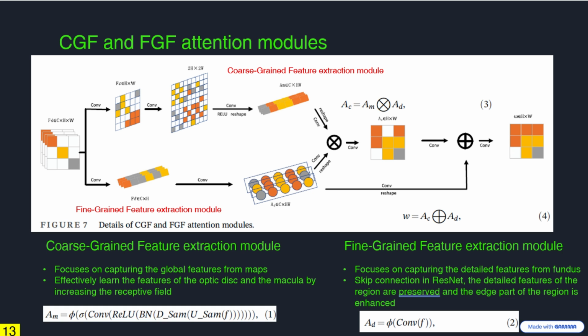These features help the model learn from the fundus at different scales, step by step from low to high level. Each module contains a 4x4 convolution kernel, batch normalization, a nonlinear function, or ReLU, and also a residual module.